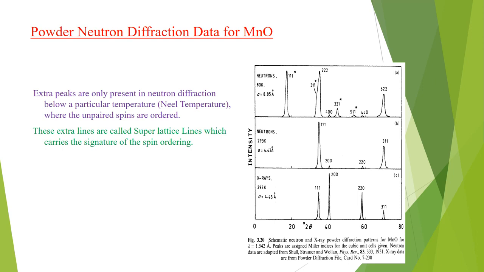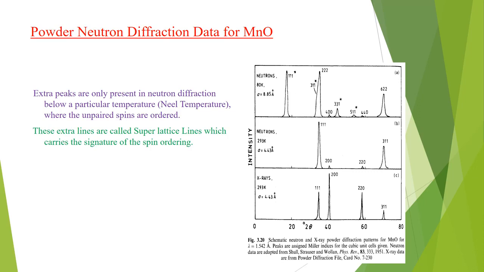This figure shows the schematic neutron and X-ray powder diffraction pattern for manganese oxide for a wavelength of 1.542 angstrom. Peaks are assigned Miller indices for the cubic unit cell. Neutron data are adopted from Shull, Strauser, and Wollan, and the reference of this figure is given below.